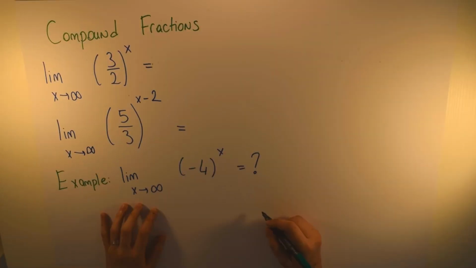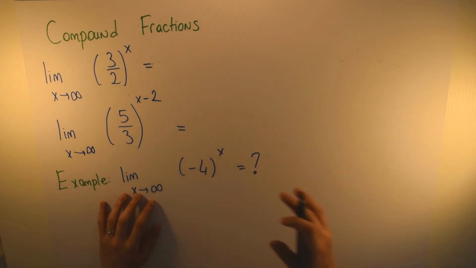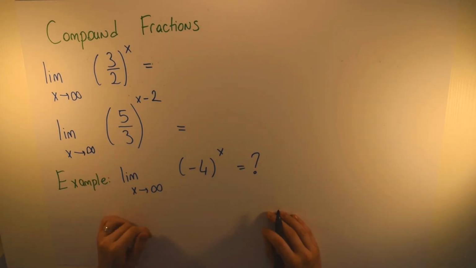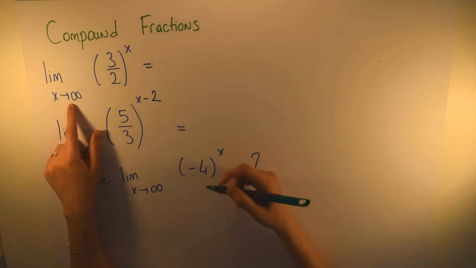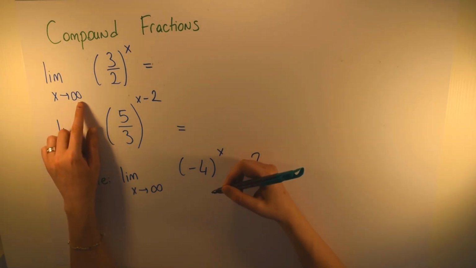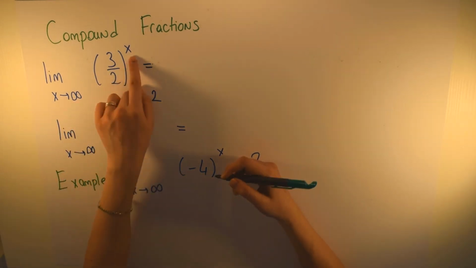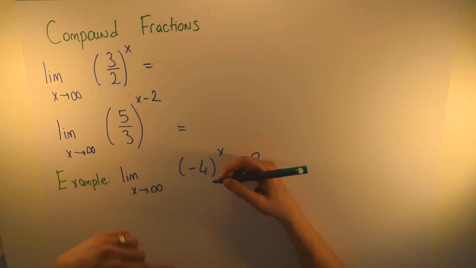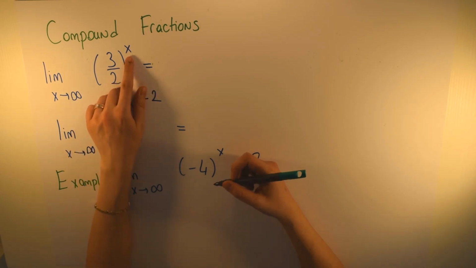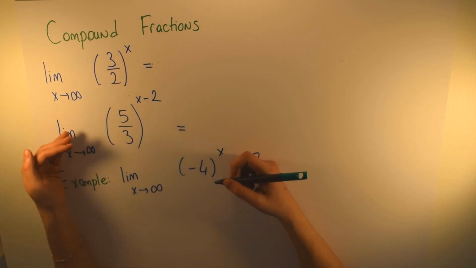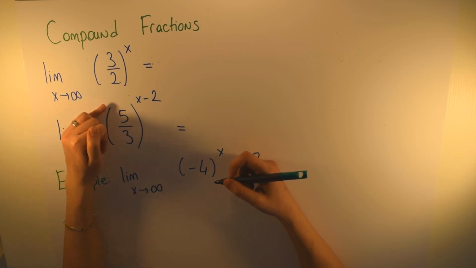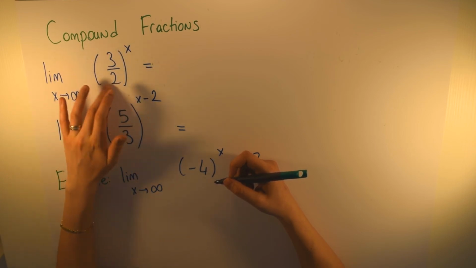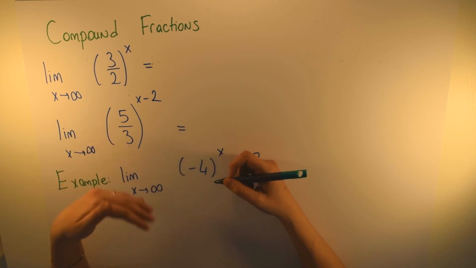Now let's see what happens when it comes to compound fractions. As you know, compound fractions are between 1 and infinity, right? They are bigger than 1. For example, here we have the limit as x approaches infinity of 3 over 2 to the power of x. This 3 over 2 is actually greater than 1, right? So as our exponent gets closer to infinity, the value of our fraction gets bigger and bigger.